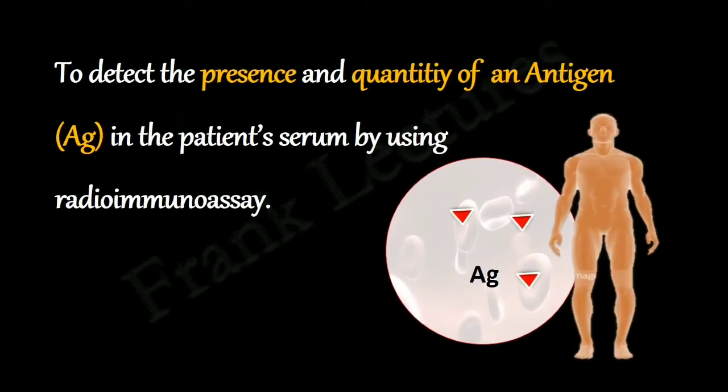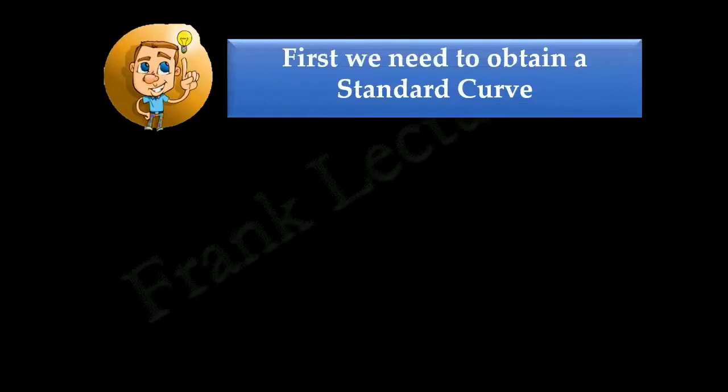Suppose we want to detect the presence and quantity of an antigen in the patient's serum. We suspect that this patient's serum has the antigen of interest. To quantitate the antigen present in the patient's serum, first we need to obtain a standard curve.